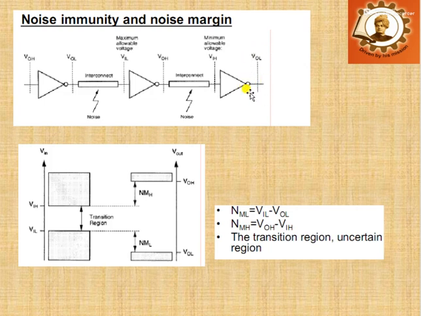Similarly, for the output VOL of inverter 2, the maximum voltage to be interpreted as logic 0 by inverter 3 is VIL. If the noise increases this value of VOL beyond VIL, it would not be recognized properly.